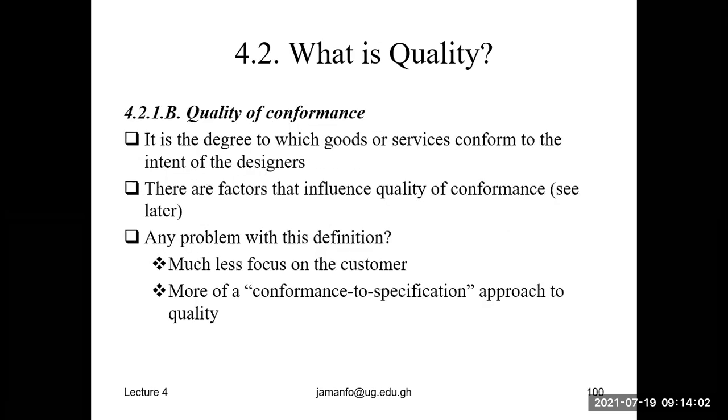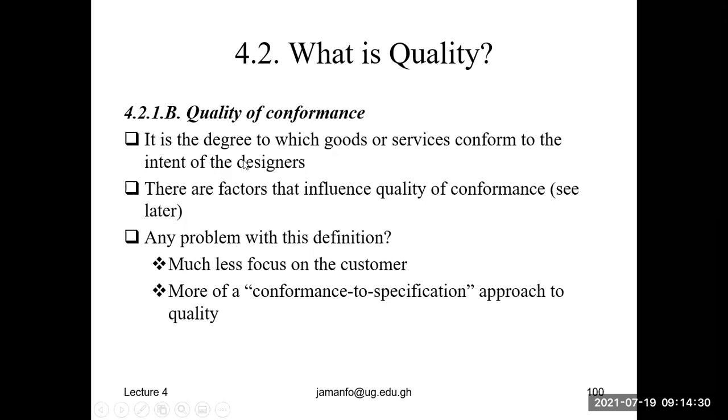Okay. Then quality of conformance is the degree to which goods and services conform to the intent of the designers. You may have the functionalities in mind, what the product is expected to go out there to do, what features it will have, and what functionalities it should perform. But when we come to quality of conformance, the meaning of the two is quite related, so you need to pay attention here.